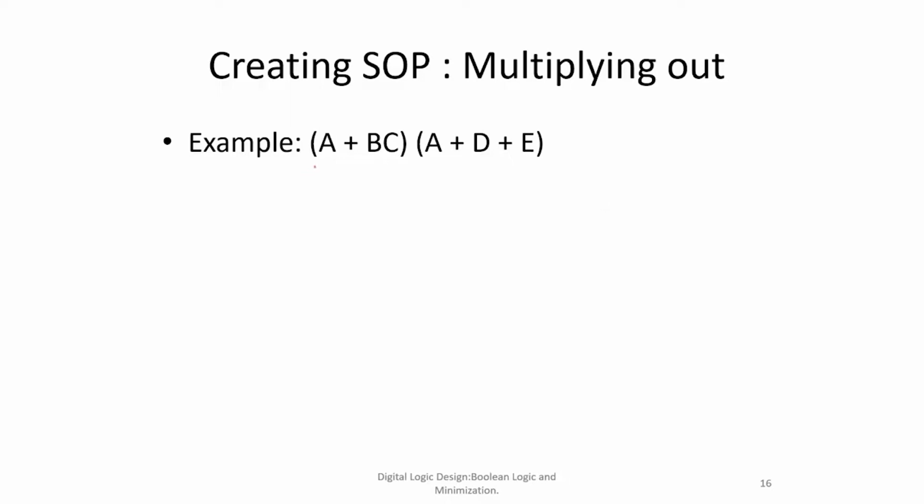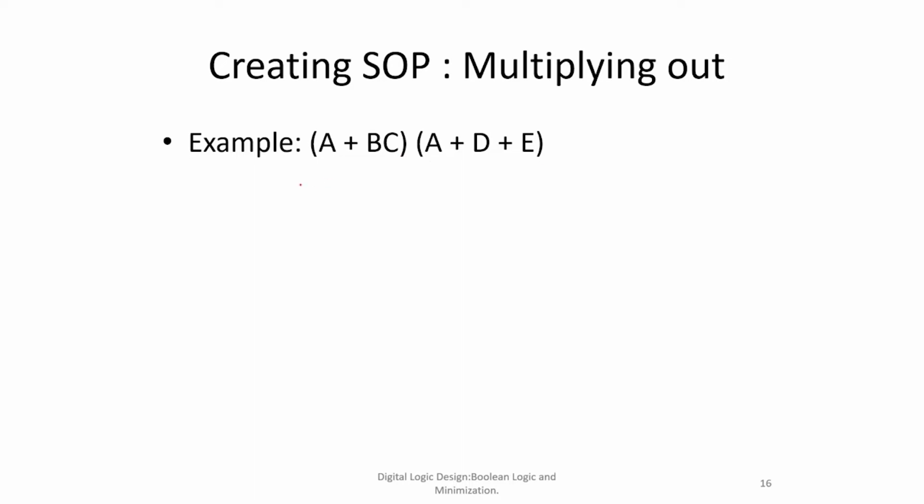So let us say this is the example. I want to create a sum of product. So what will I do? I will first multiply A with all of these terms, and then I'll multiply BC with all these terms, and then simplify it out.